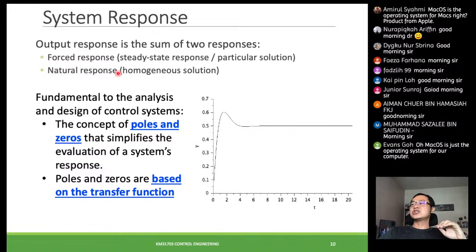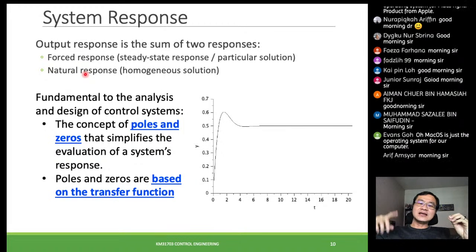Whereas the natural response would be the response within the system itself, just like the example of the ruler that I gave a long time back. When you flip the ruler, it will just oscillate through its own natural frequency, and that would be the natural response of it.